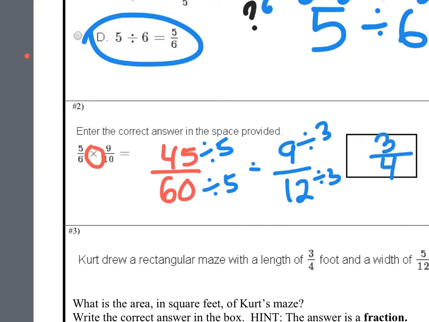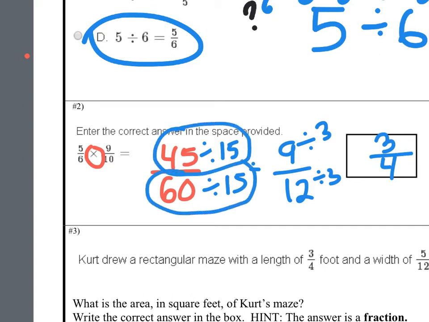So it's 3/4. Or in the very beginning, instead of dividing by 5, what we could have done was divide by 15. That will give us 3/4 straight away, because we know that 45 divided by 15 is 3, and 60 divided by 15 is 4. So you could have divided by 15 in the very beginning, or divided by 5 and then divided by 3. It works either way.